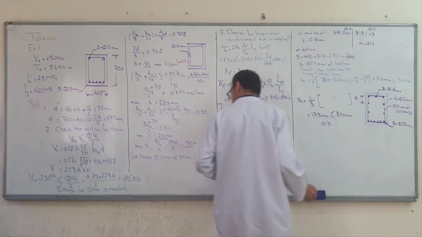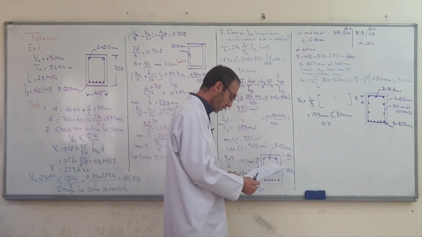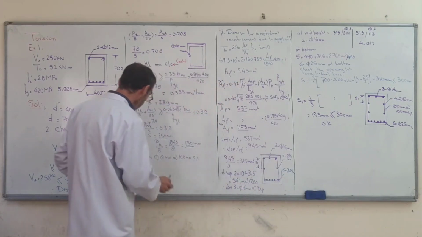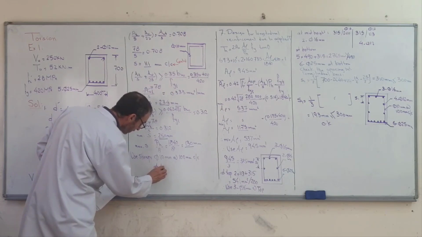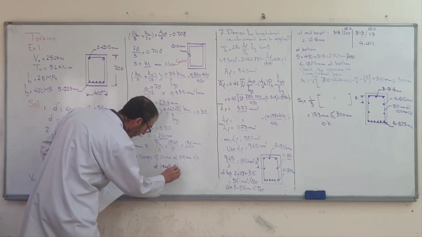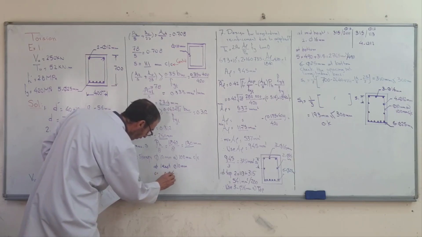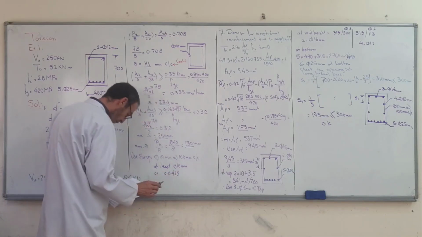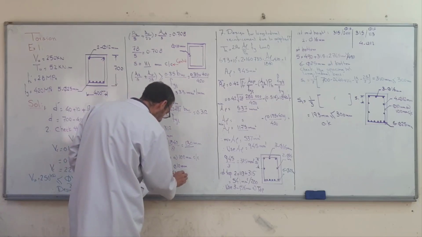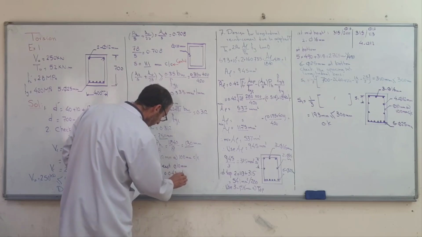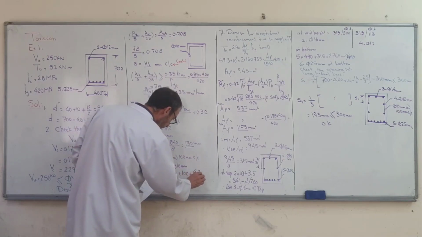Now, lastly, I check the diameter of the stirrups. The diameter of the stirrup must be at least 10 millimeters for torsion, or 0.0425 times the spacing between the stirrups, 100, which is equal to 4.7 millimeters.